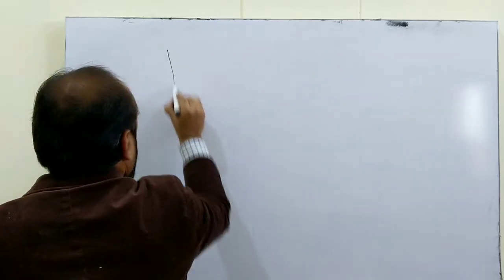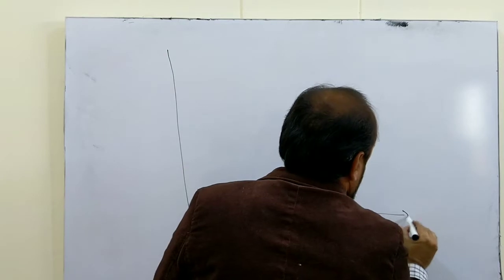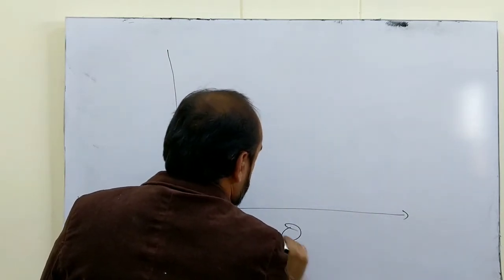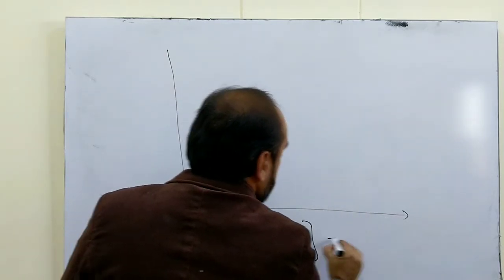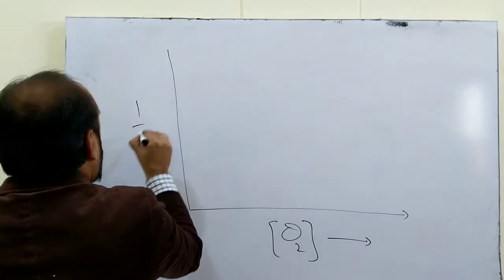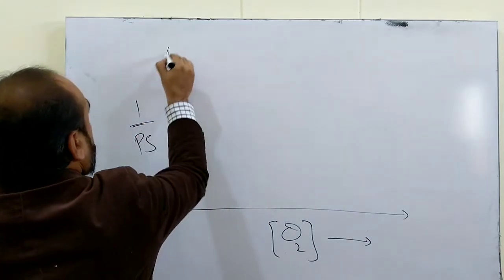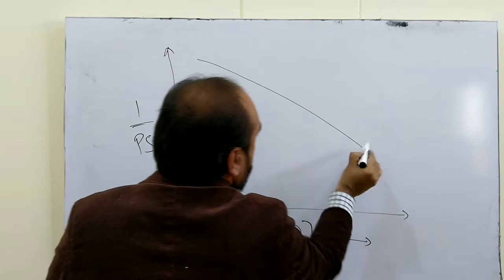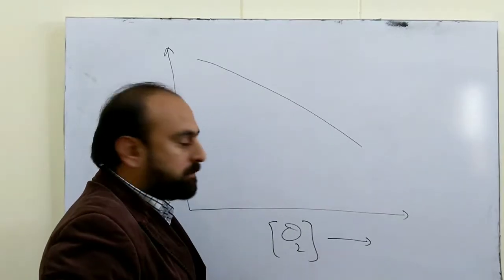In C3 plants, as the concentration of oxygen increases, the rate of photosynthesis decreases. So it is a negative linear relationship.